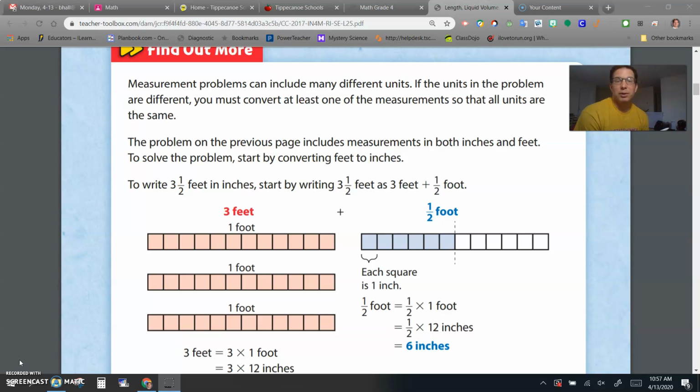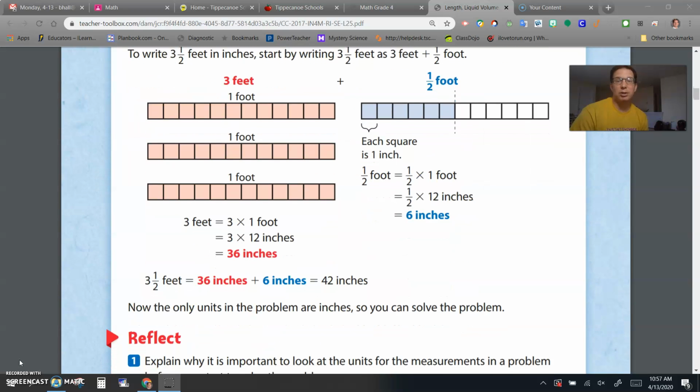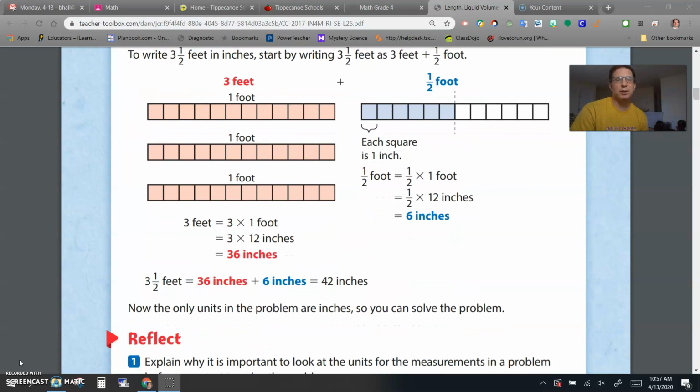The problem on the previous page included both inches and feet, so you need to convert them all into inches, and that's exactly what we did on the previous page. This is just showing you how to do it. In this bar model here, this foot is divided into 12 sections because there are 12 inches in 1 foot.